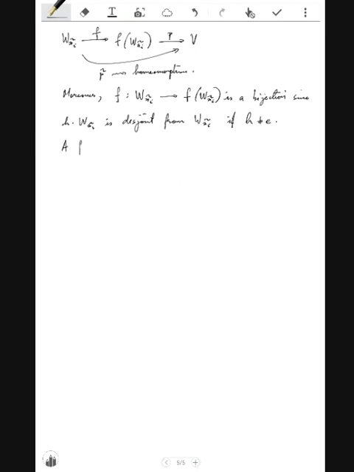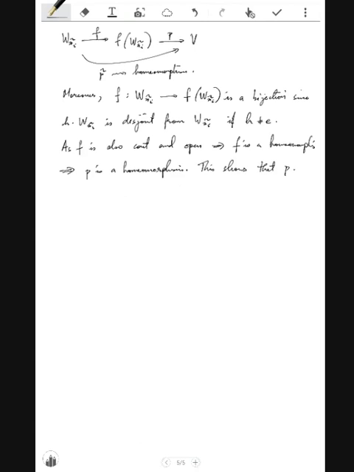As f is also continuous and open, this implies f is a homeomorphism. So this implies p is a homeomorphism. So this shows that p is a covering map.